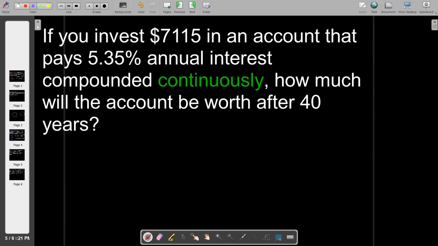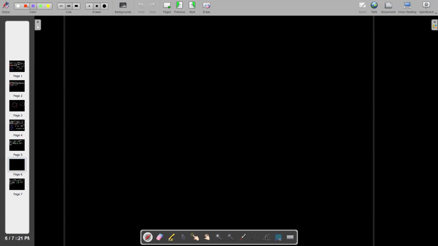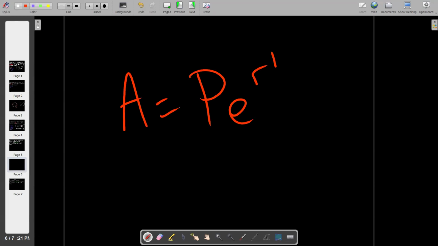So before I make a list, I'm going to make a new page and I'm going to show you your new formula. And you absolutely need to write this one down. So here is your formula for continuous compounding. I know, it always makes me think of my drummer, my boy from the 80s, Neil Peart. You remember this? Yes. Good. So this is our PERT formula, and this one will only be used when the word continuously is in your problem.